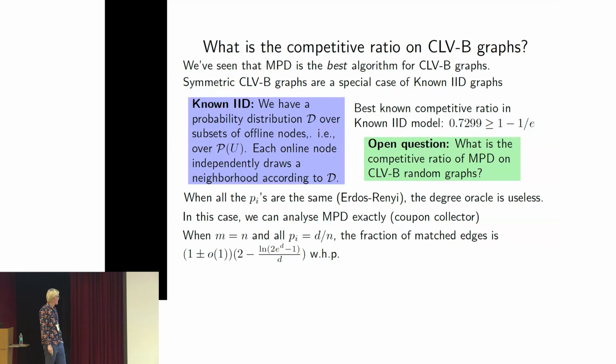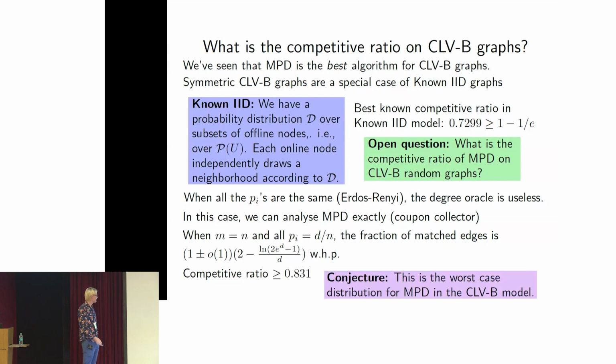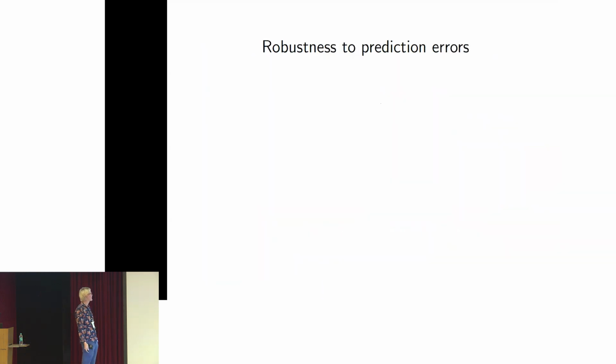And in fact, we can also provide some good upper bounds on the size of the maximum matching that are very close to being optimal, using Hall's marriage theorem. And then we can show that in fact the competitive ratio is at least 0.831. But it would be an interesting problem to prove this, or figure out what is the competitive ratio of MPD on CLVB random graphs.